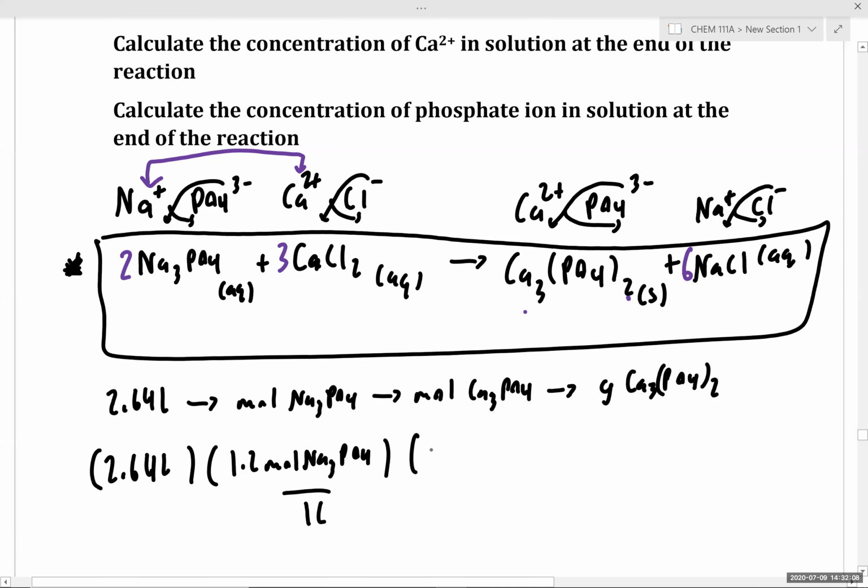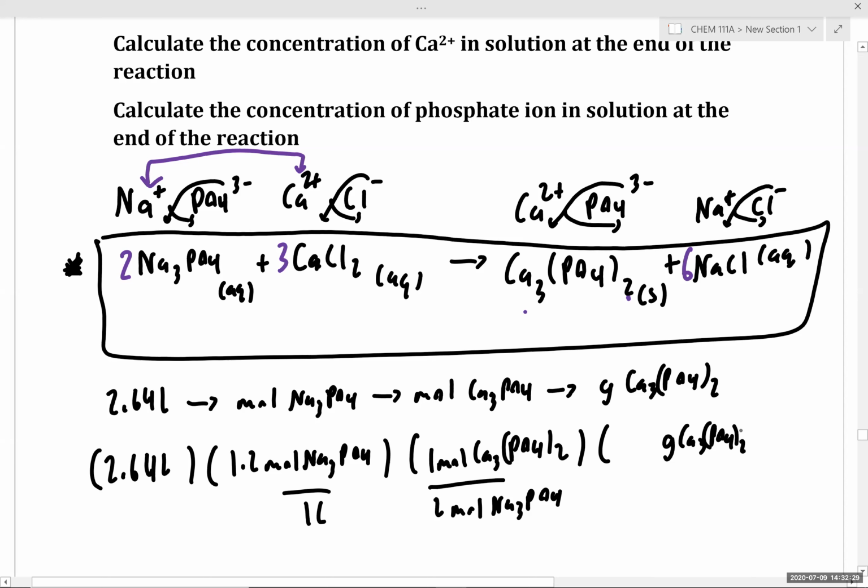Okay, and we know that we have 1 mole of calcium phosphate per every 2 moles of sodium phosphate. And how many grams of calcium phosphate do we have in 1 mole? What is the molar mass of calcium phosphate?